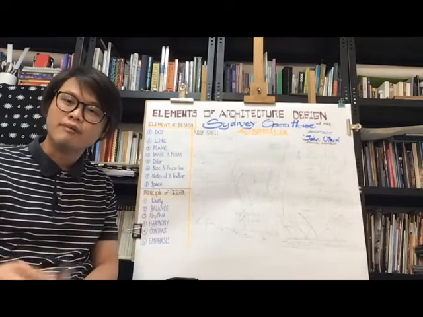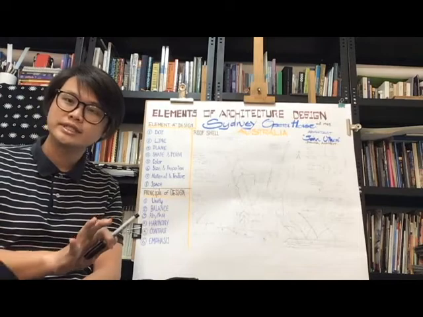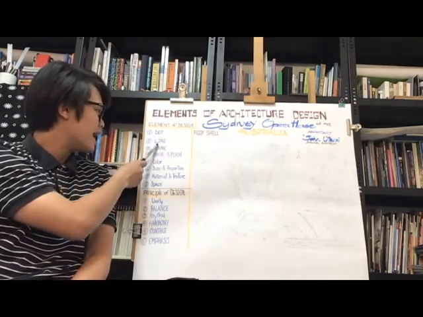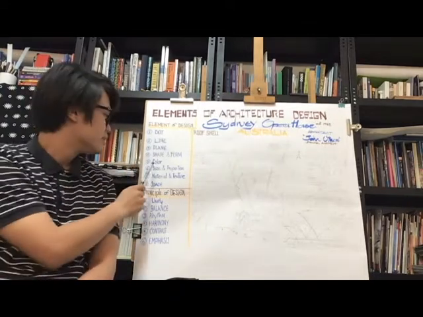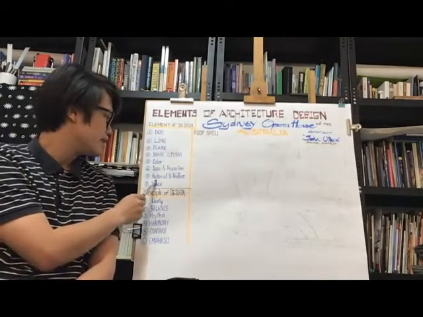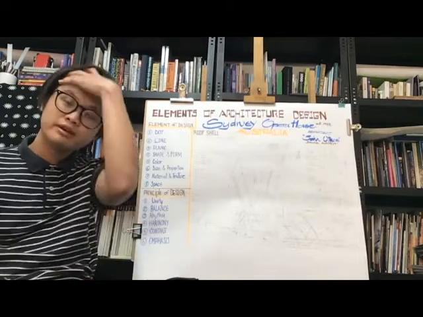Let's review the basic elements first: dot, line, plane, shape and form, colors, size and proportion, material or texture, and space.